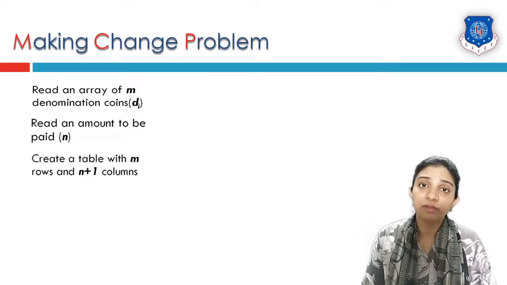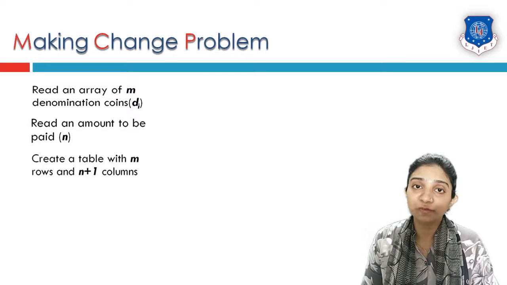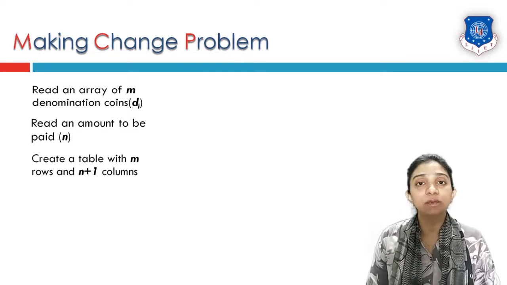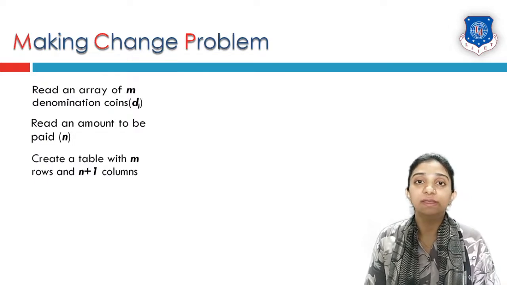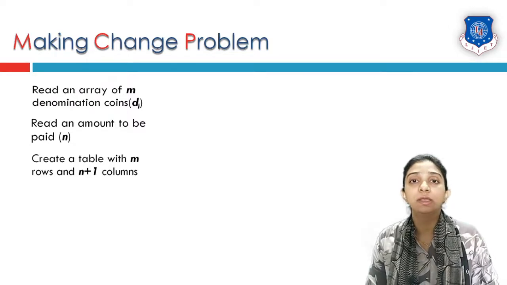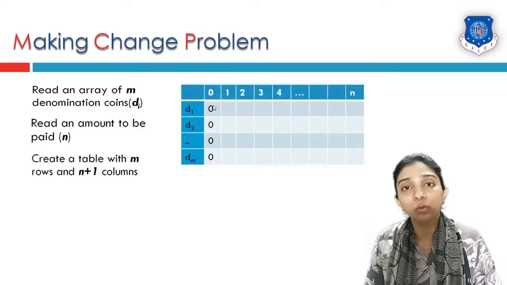So our objective is to find the minimum number of coins that are required to pay a particular amount. For that reason, we will create a table with m rows and n plus 1 columns. Each row represents a particular denomination coin, and each column will start from 0 and go up to n.